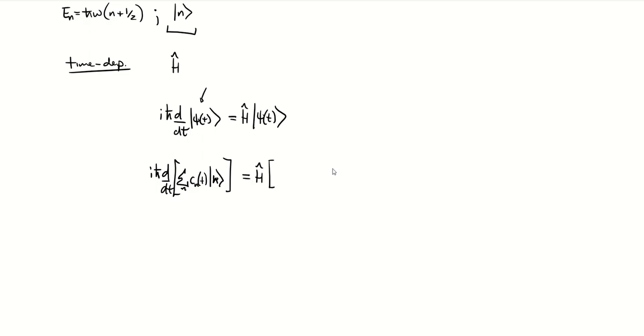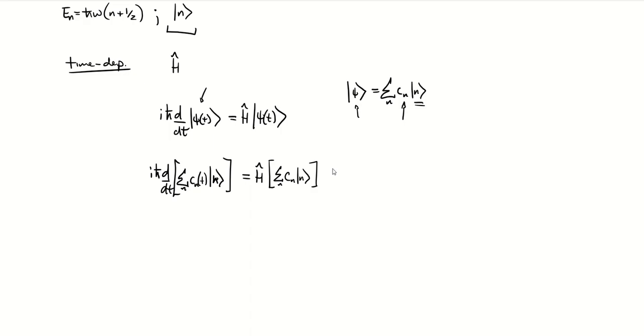And all we've done is take our wave function and write it as a linear combination of our basis vectors, which we can do. And these are time dependent. But since our Hamiltonian is time independent, our eigenbases of that Hamiltonian are going to be time independent as well.